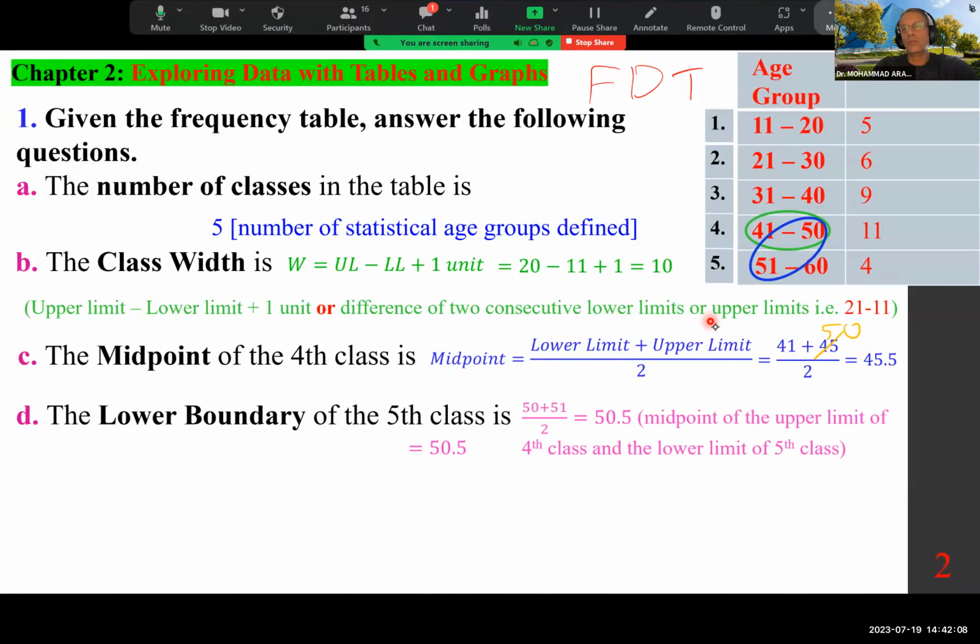And the process is to add these two numbers, 50 and 51, divided by 2. So the midpoint of the upper limit of the 4th class and the lower limit of the 5th class, add these two. And as long as you find one of those boundaries, then all you have to do, add the value of the width to get the next one and the next one and the next one. I'll show you on the next page.